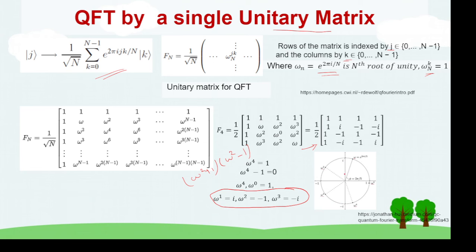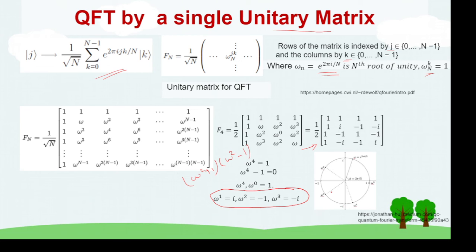Take this circle, then you segment it. How many segments you make depends on the size of the problem. If it is 4, you make 4 segments, which is very easy. Omega to the power of 0 is 1, then omega is i, omega square is minus 1, and omega cubed is minus i. That is easy to do.